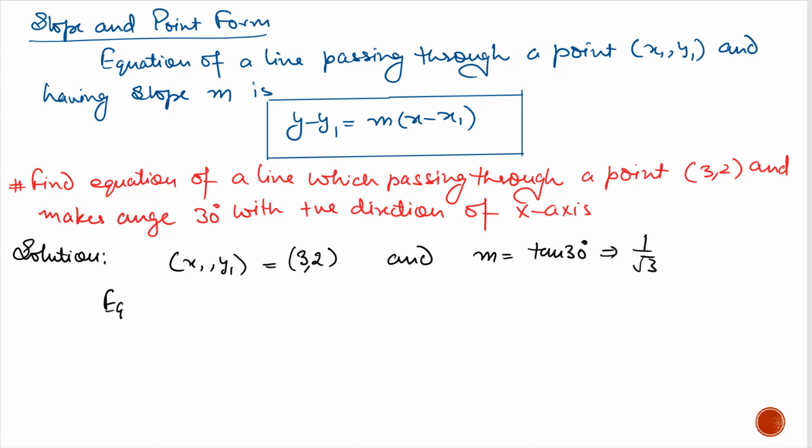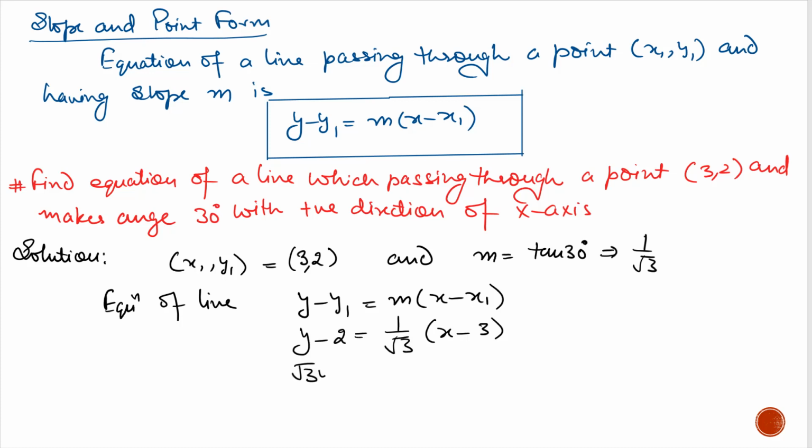The equation of the line is y minus y1 equals m times (x minus x1). Substituting the values and simplifying, we get the equation x minus root 3 y equals 3 minus 2 root 3.